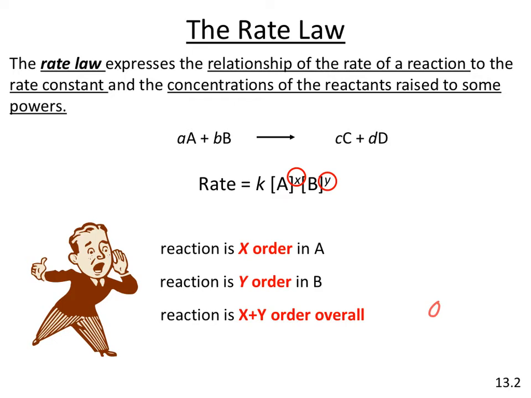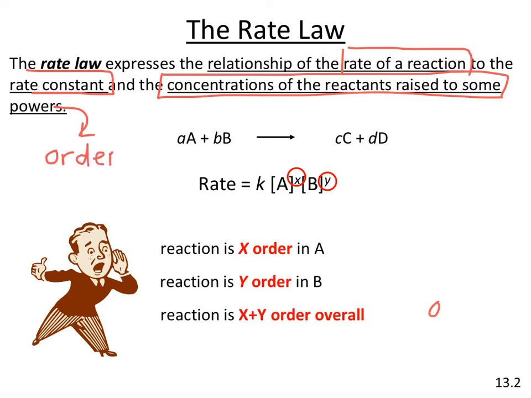So now let's take a look at the rate law. The rate law expresses, again, the relationship of the rate of a reaction to the rate constant and the concentrations of the reactants raised to some powers. And those powers are what we just called orders. So if you take a look, this is the rate of the reaction.